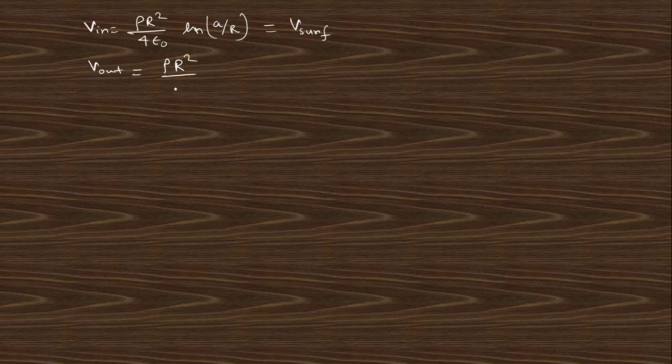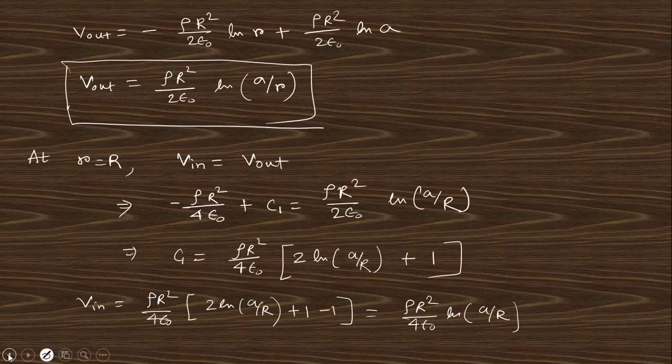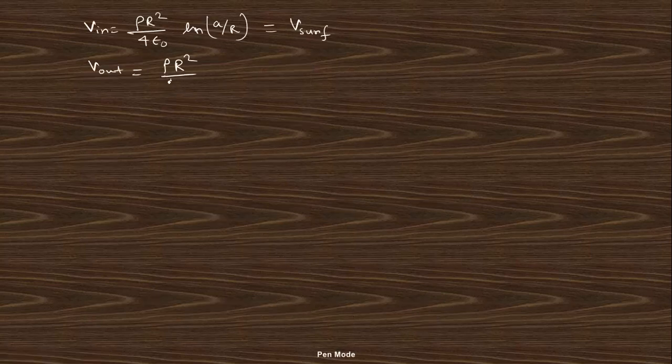So we can write V in is rho R square by 4 epsilon naught ln a by R, and this is nothing but the V surface also, and V out is nothing but rho R square by 2 epsilon naught ln a by r.